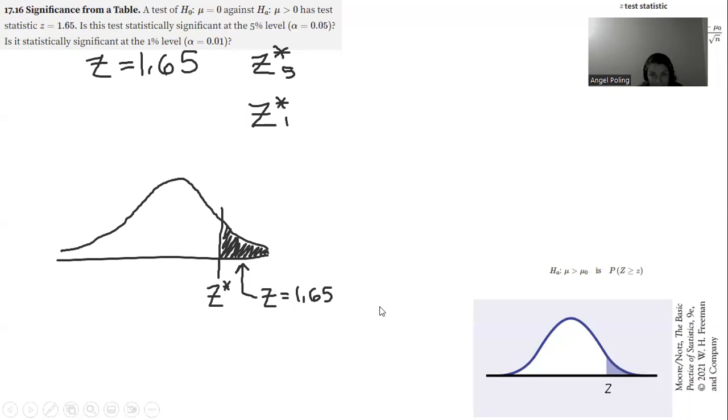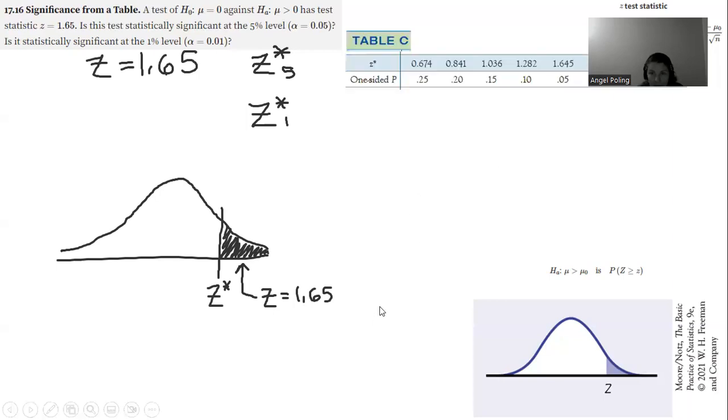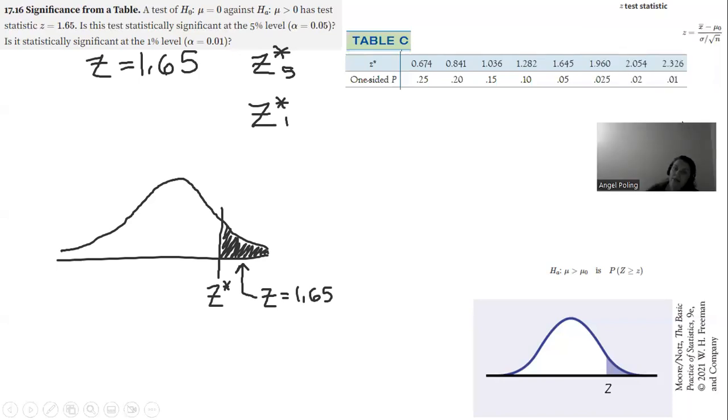So if we click to get our table C here, then what we're looking at is the very bottom of the table.